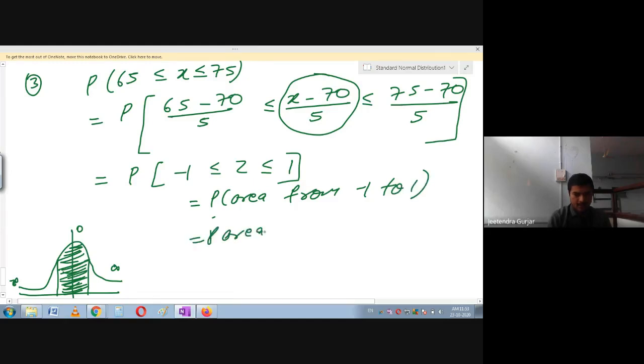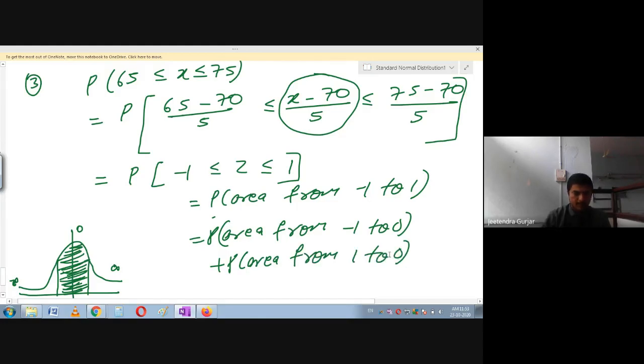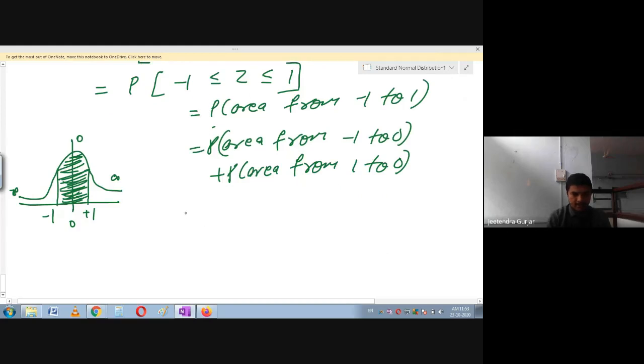I can take this from 0 to 1. Meaning area from minus 1 to 0 plus area from 0 to plus 1. What will be the value, student? It is nothing but phi of 1. I think you know. And this is again phi of 1, student.